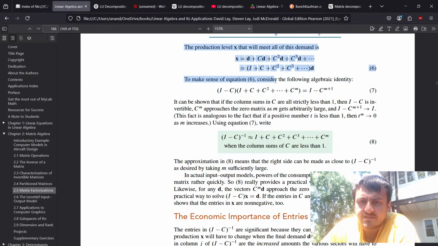Okay, this makes sense. Just take M to be like 2 or whatever. If you multiply these and you FOIL it, then you get I squared minus C squared.